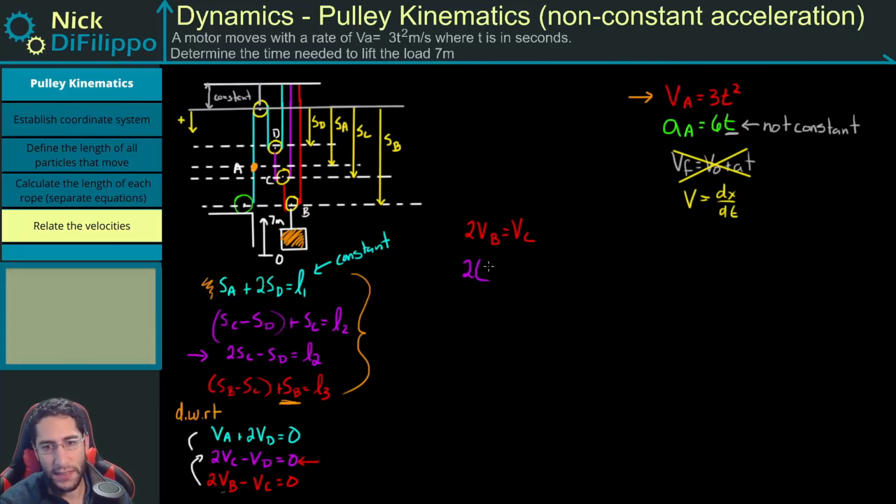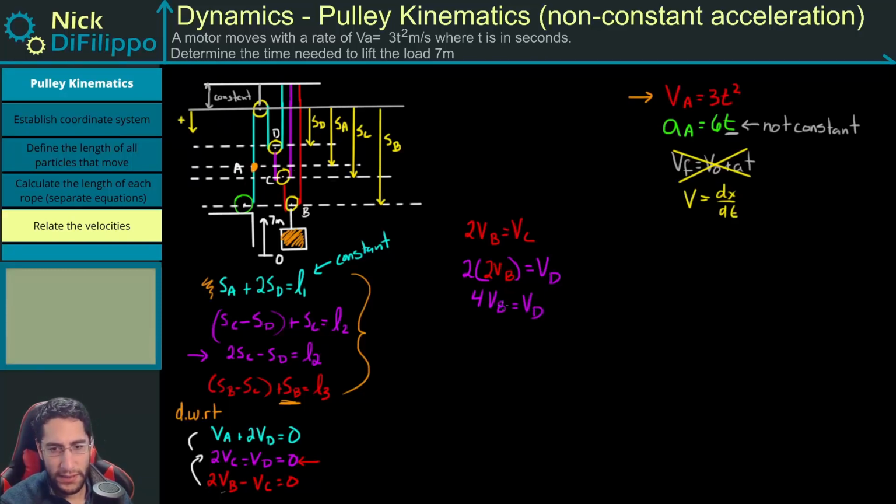So VC is equal to 2 VB is equal to VD. Again, I brought this VD to the other side of the equation. And this is 4 VB is equal to VD.